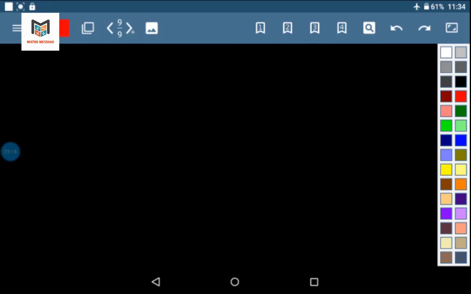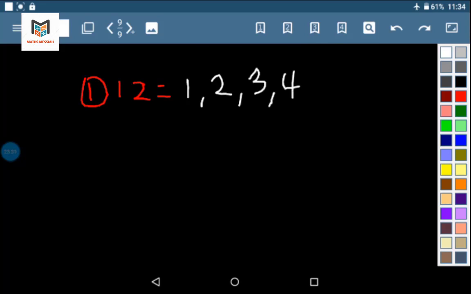So the answer for the first one, which is 12, compare to yours if you are correct. So we have 1, 2, 3, 4, 6, and then 12.